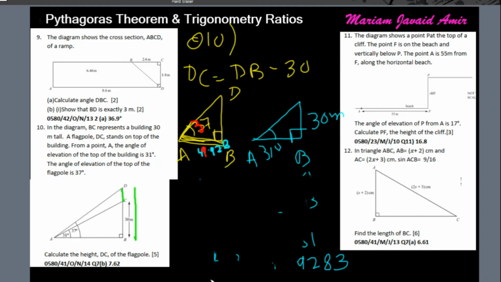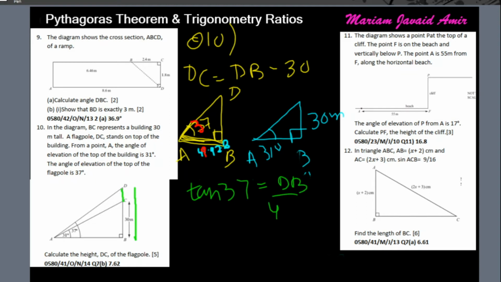So now to find DB, I'll be using tan again. Okay, so tan 37 equals DB over 49.9283, so on. So answer times tan 37, which gives us 37.6237.